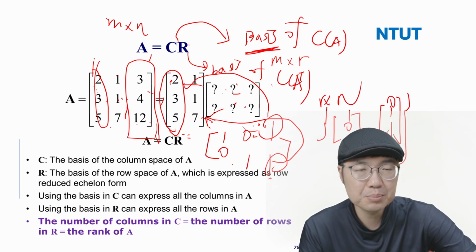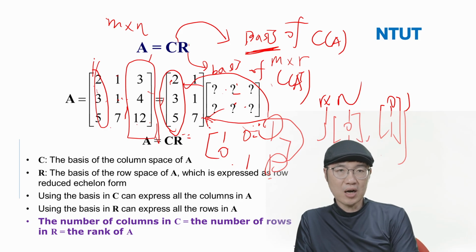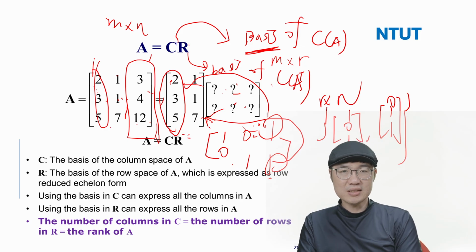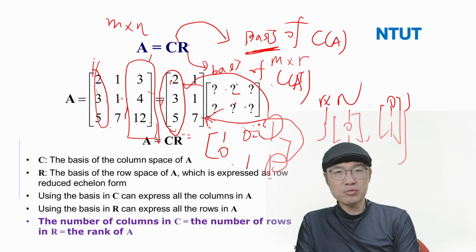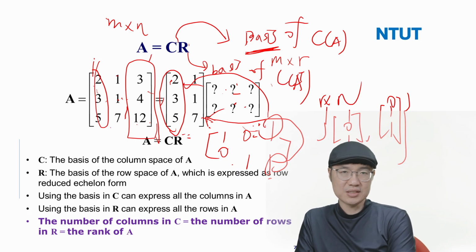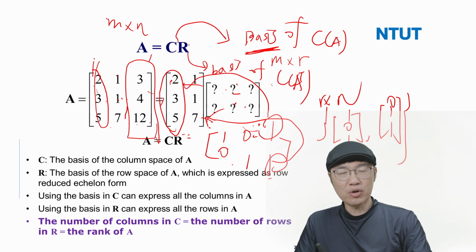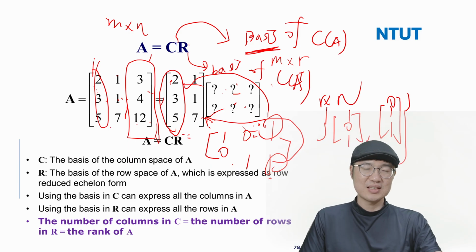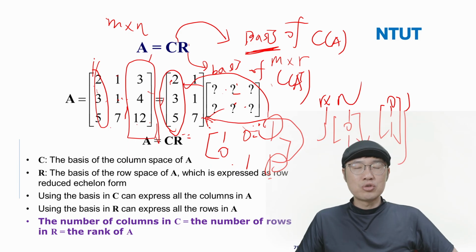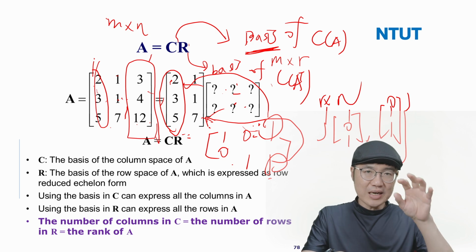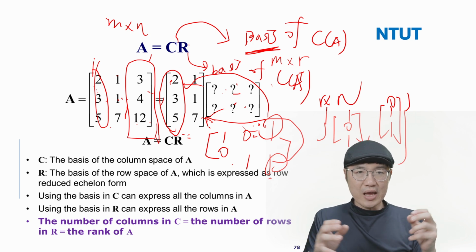So this explains the basis of R, and that explains the basis of C. I call this interesting but not useful or important because it's just a fancy way to indicate the basis of column space and row space at once.